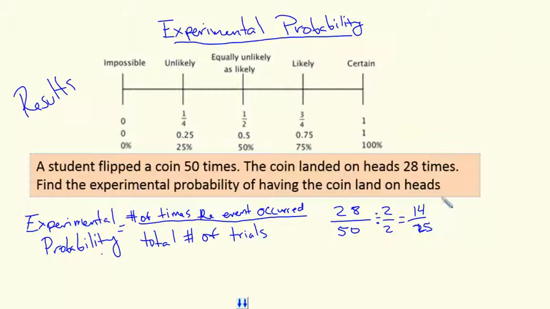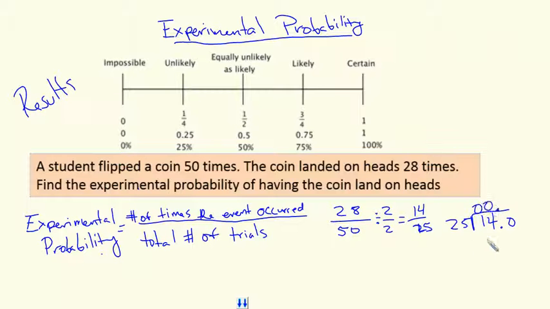And let's also go ahead and write this probability as a decimal. To turn our fraction into a decimal, we're going to divide top in, bottom out. 14 divided by 25. 25 does not go into 1.